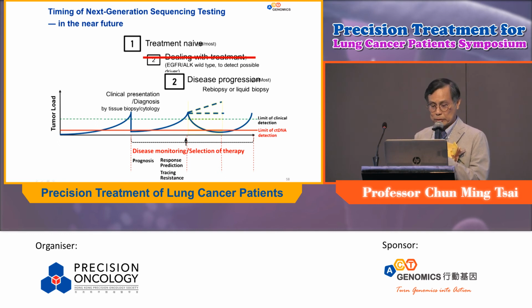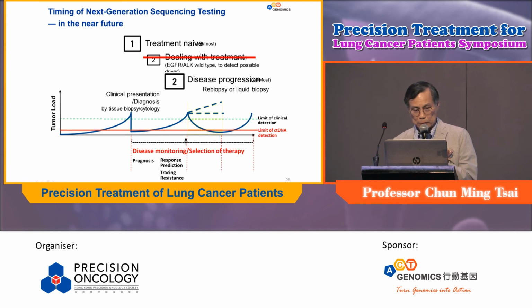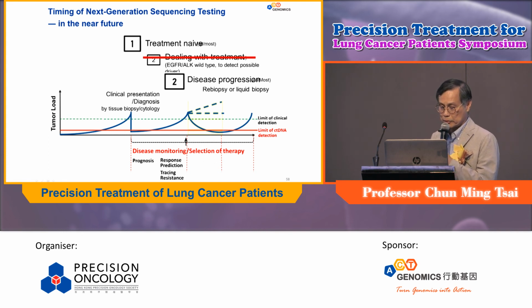At the initial diagnosis, I try my best to persuade the patient to do the molecular test. For example, for the patient who has the very rare BRAF mutation, if we could find this kind of genetic aberration at the beginning, he probably would not have had to receive so many treatments, including chemotherapy, surgery, and also radiotherapy.